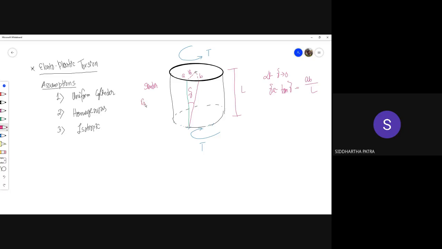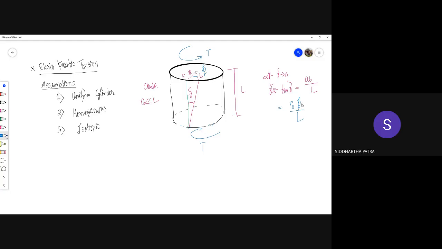So R0 is actually much smaller compared to L. In a situation like that, this so-called angle of twist, that is the angle that it produces at the center of the cross section, let's call it phi. That need not be tiny. You see, AB is R0 times phi, the arc length. So this phi need not be infinitesimal.